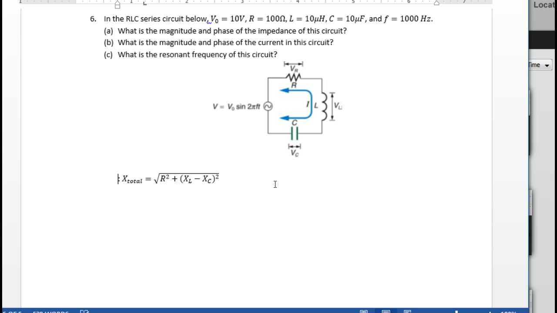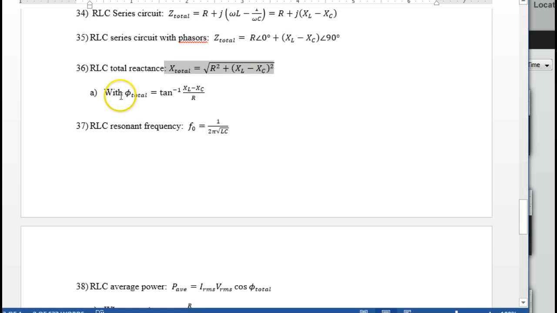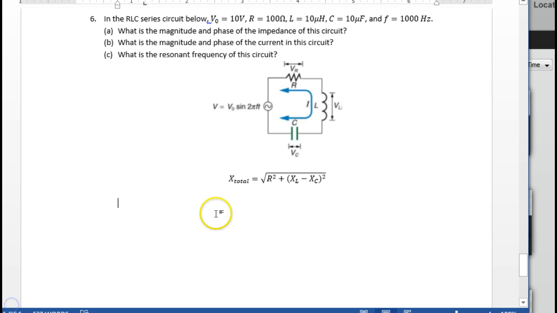And we also have that the phase angle, right, is given by this function, by the inverse tangent.